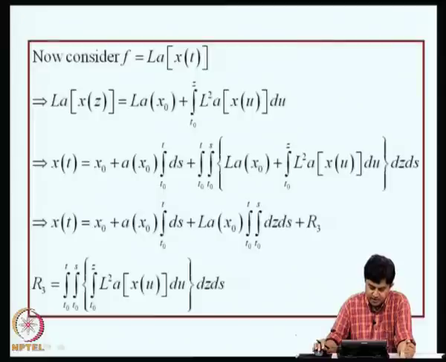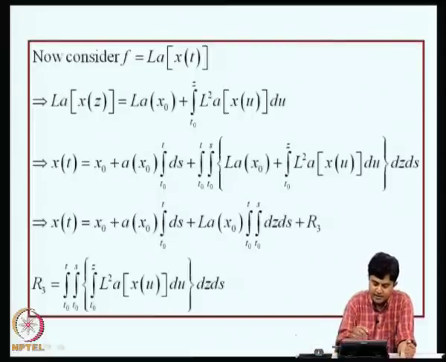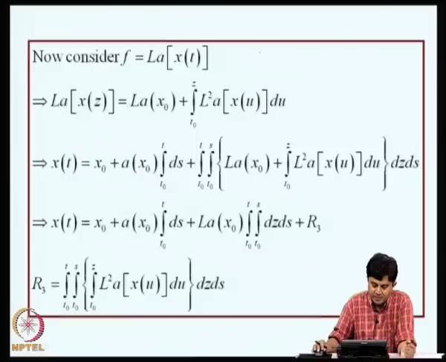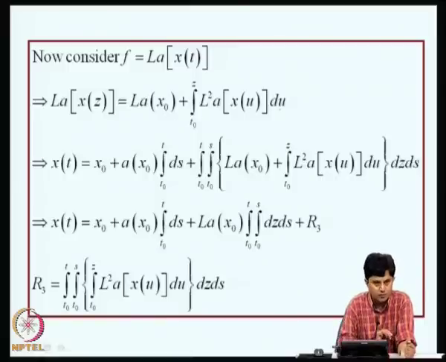I can proceed further and now consider f to be La, and again use this formula and represent La as La x of z as La x naught plus integral t naught to z of L square a du.